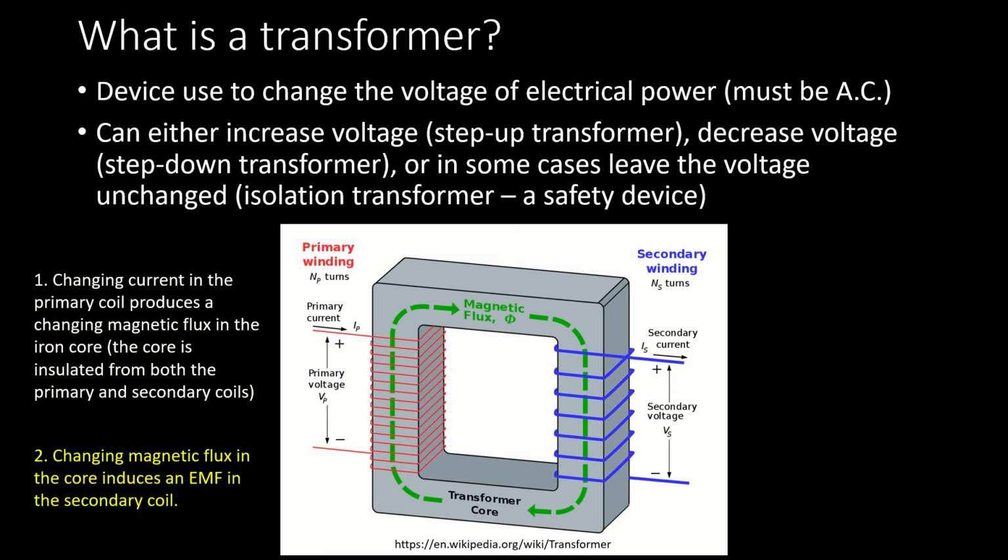If you change the magnetic flux in the core, it induces an EMF. That's Faraday's law. The induced EMF is the rate of change of flux. Now, the magnetic flux produced in the primary coil is present all the way through the entire core, including through the secondary.